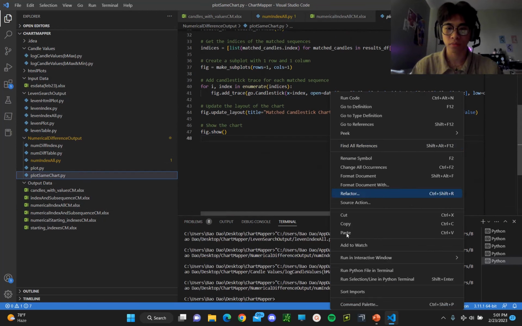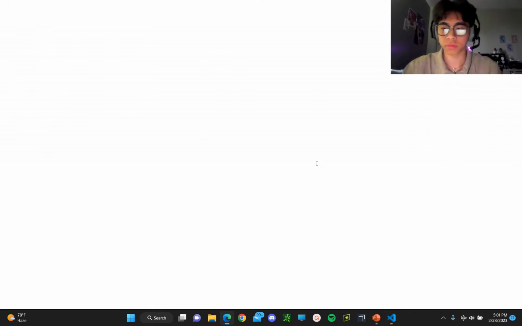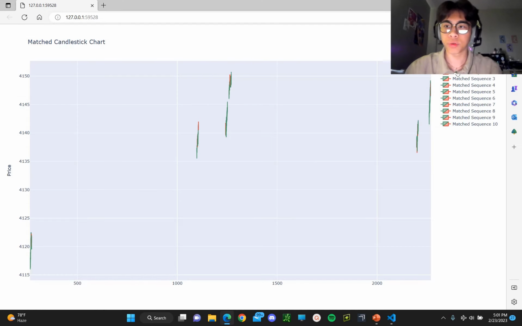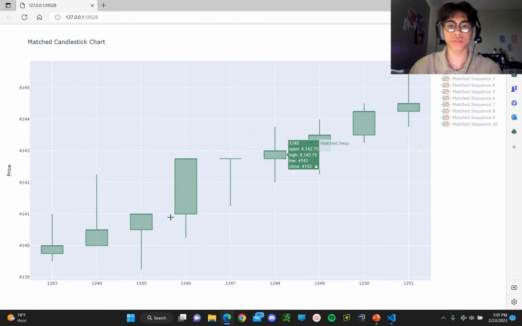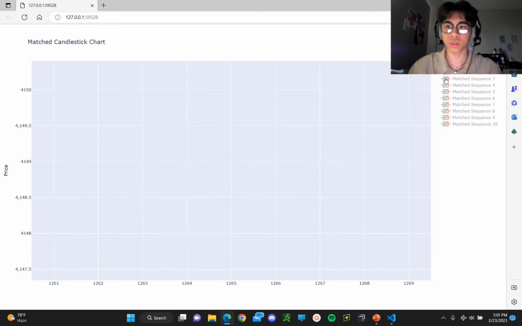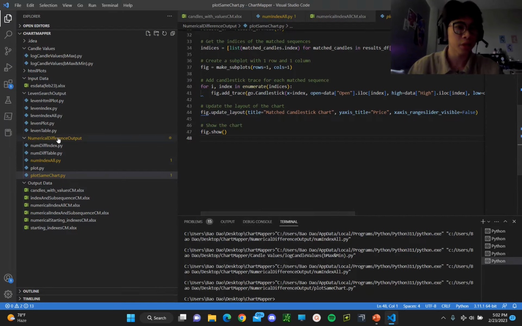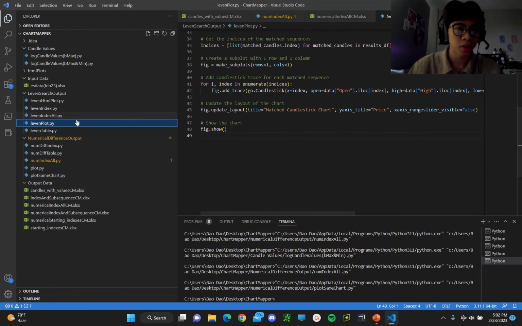So when we run it, it takes a while. It outputs a graph, and this is the number one most similar, and then number two, number three, number four, and so on. Then we can do the same thing for the Levenshtein search.